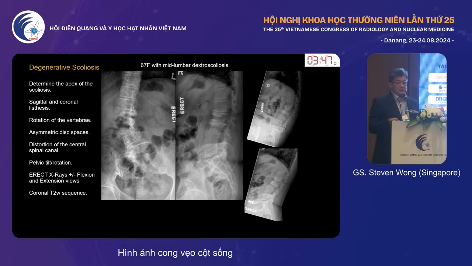So basically, for degenerative scoliosis, find the apex, see whether there is subluxation in the coronal and sagittal planes, AP, lateral, or anterior, posterior. Look for rotation of the vertebrae and asymmetrical disc spaces. And in this one, there is everything, all right? You have lateral listheses, asymmetrical disc space narrowing.